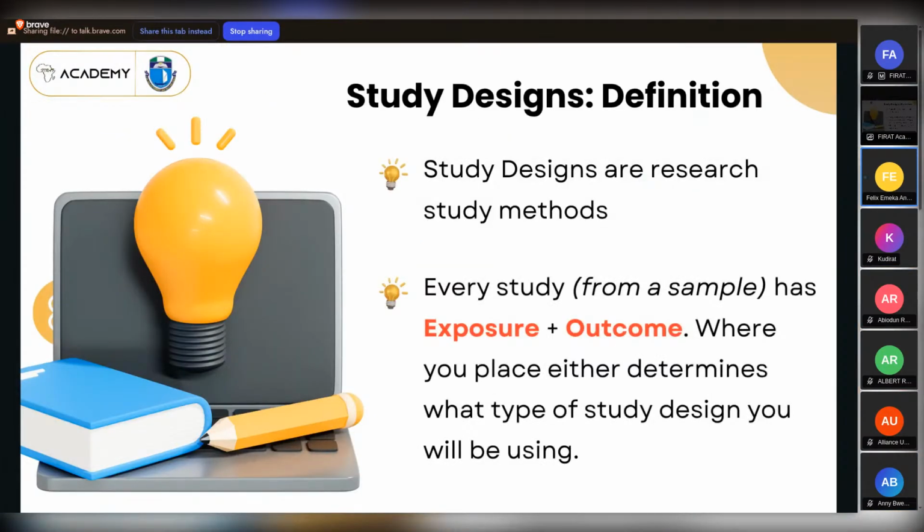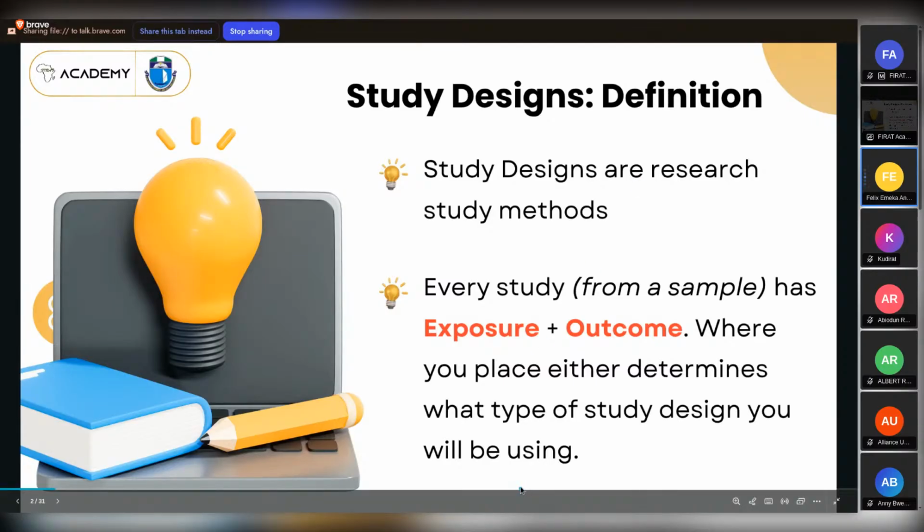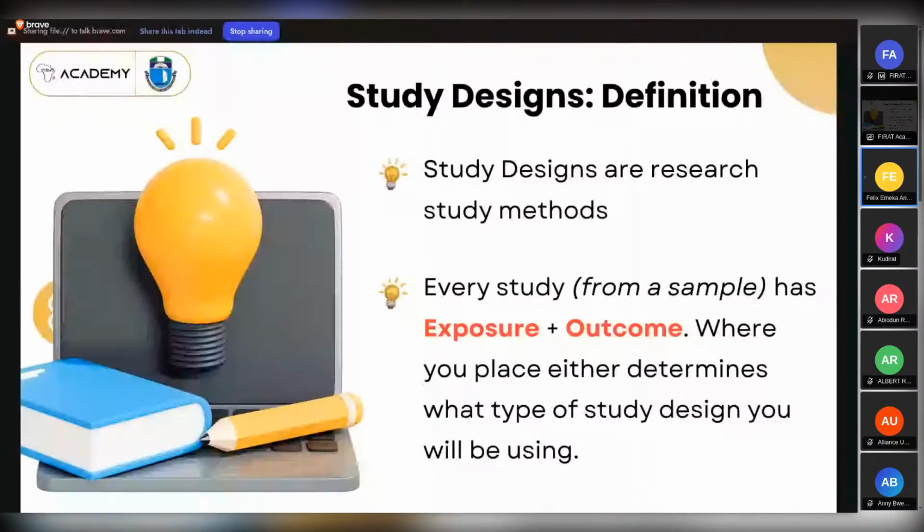Okay, so when it comes to study designs, I want us to appreciate that the whole essence of study design is not standing alone. It comes from a component of research, which we have to appreciate. Research in itself is systematic. It has a format, a code, a pattern, a process.